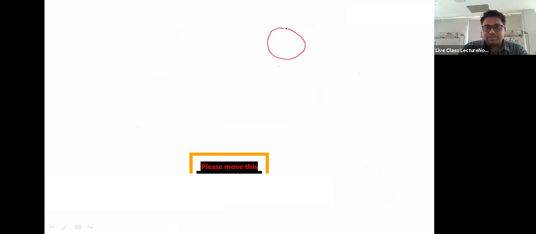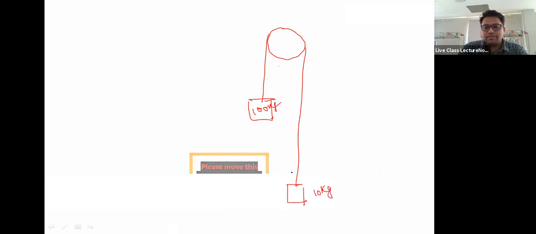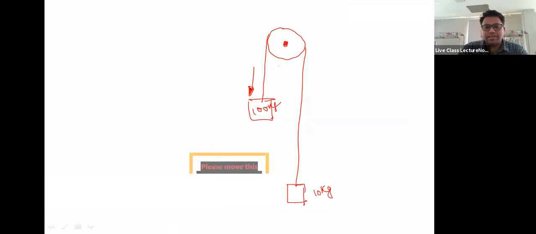So see, there is a huge load, 100 kg, right? And you have an empty cage, the weight of the cage is 10 kg. Now this 100 kg wants to go down, right? If you just leave it like that, it will go down at a high speed, right?